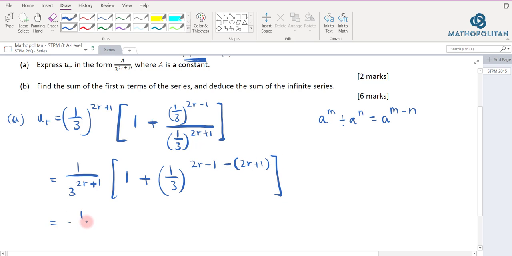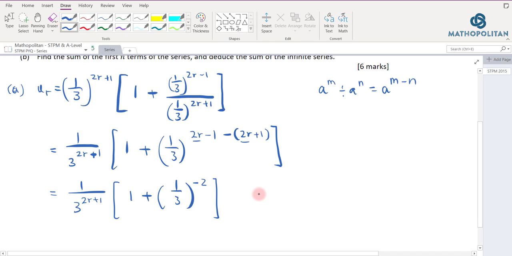Simplifying, this is 1 plus 1/3 to the power of ... 2r minus 2r is 0, and negative 1 minus 1 is negative 2. So what becomes of 1/3 to the power of negative 2? 1/3 is equal to 3 to the power of negative 1, so 1/3 to the power of negative 2 is 3 to the power of negative 1 to the power of negative 2.